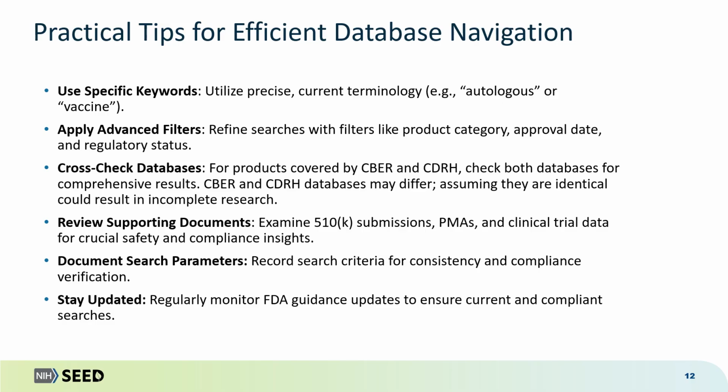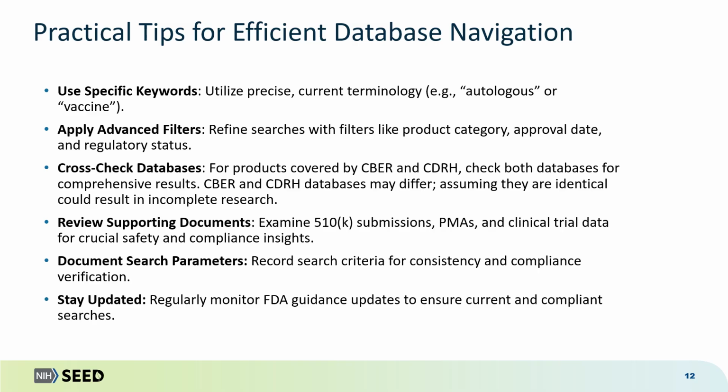Navigating these databases can seem daunting, but a few practical tips can simplify the process. First, use specific keywords that accurately describe your product. Advanced filters allow you to narrow results by product category, approval date, and regulatory status, improving search efficiency.